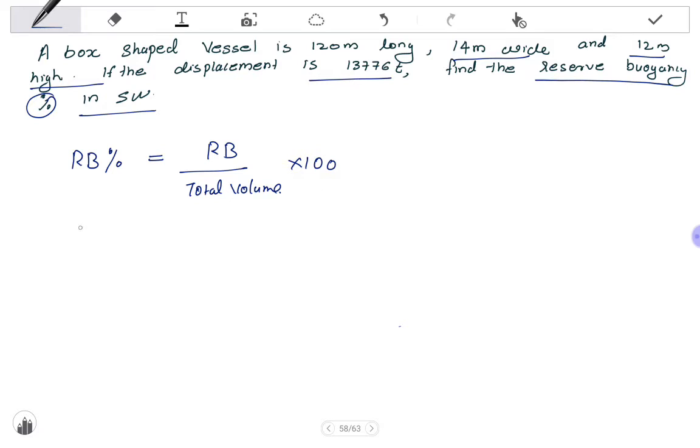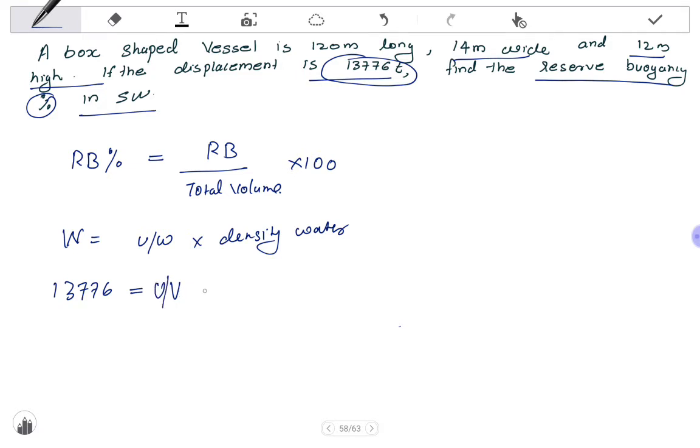Let's start solving the question with what we have. What we have is displacement. Displacement is equal to underwater volume into density of the water. So 13776 is equal to underwater volume into 1.025.